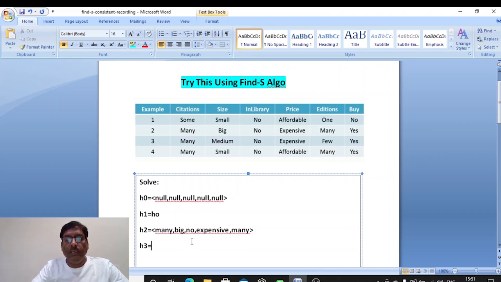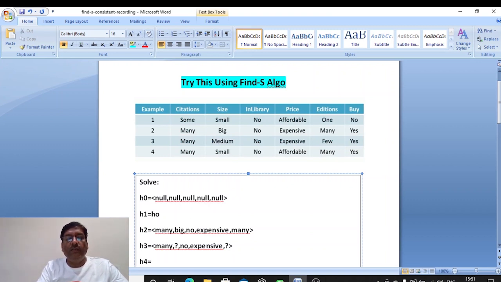Many matches with many, so you can write many. Then big matches with medium, there is no match, so you go with the more general value, which is a question mark. Then no matches with no, so you can write no, followed by expensive matches with expensive, so you can mention that here. And then finally, many matches with few, the answer is no, so you are supposed to go with the more general value, which is a question mark.